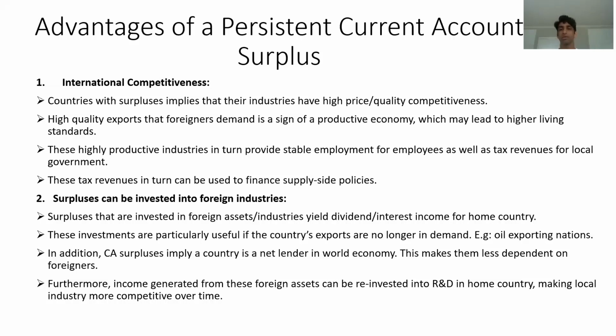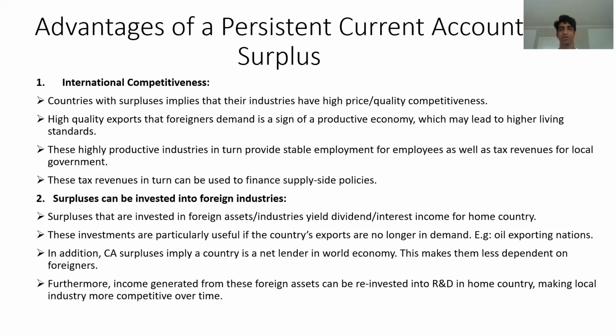You can spend it on improving your public services, or you could use it to fund supply-side policies such as education or infrastructure. And in turn, that's going to trigger a virtuous cycle of current account surpluses generating more tax revenue, which generates more investment into supply-side policies, which in turn makes the economy more productive.